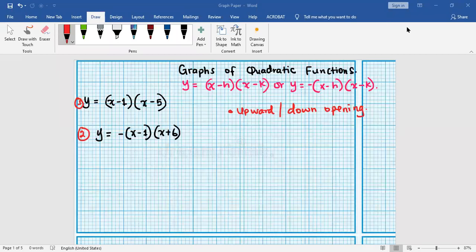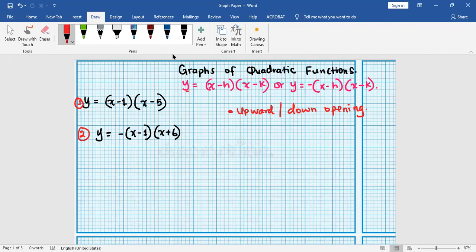So graphs of quadratic functions: y is equal to (x minus h)(x minus k), or y is equal to minus (x minus h)(x minus k). The example of this one is number 1, and the example of this one is number 2. Now, we said that graphs can open upward or downward.